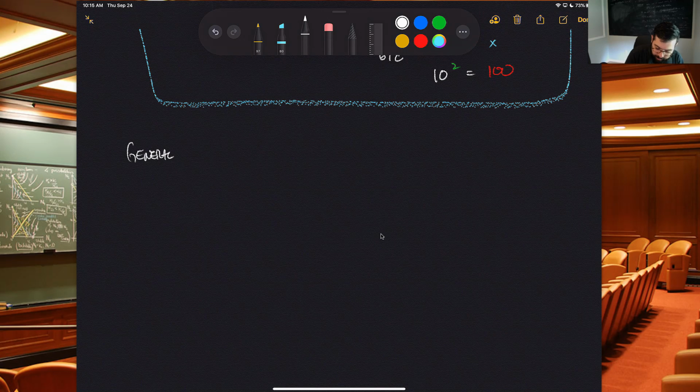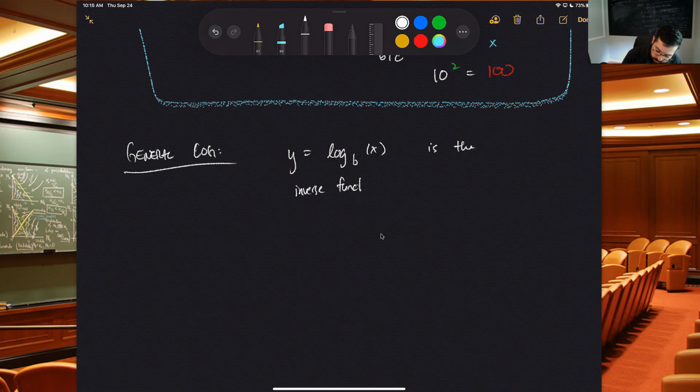That's the common log. This is for any base b. This is the inverse function to y equals b to the x.